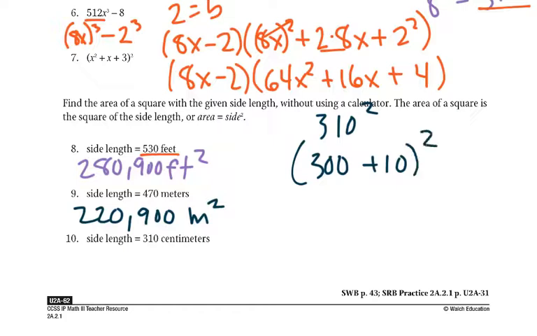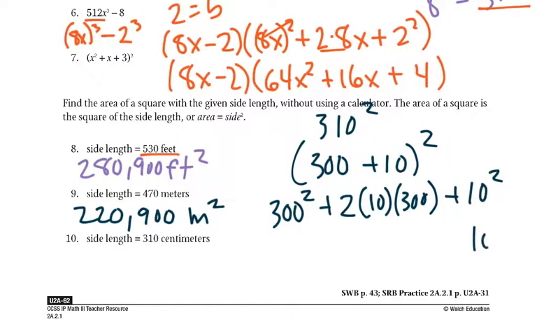I think those are the easiest, so then I'd go 300 squared plus 2 times 10 times 300 plus 10 squared. 10 squared is 100. 300 squared is going to be 90,000. Right? Yeah. Then 2 times 10 is 20, or we could go 10 times 300, that would be 3,000, times 2, that would be 6,000.